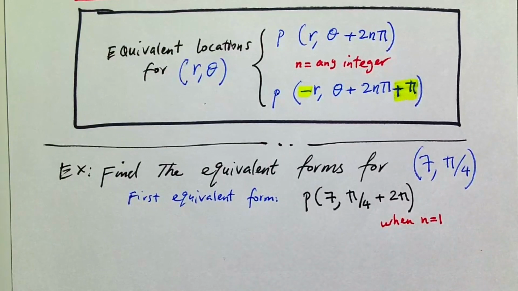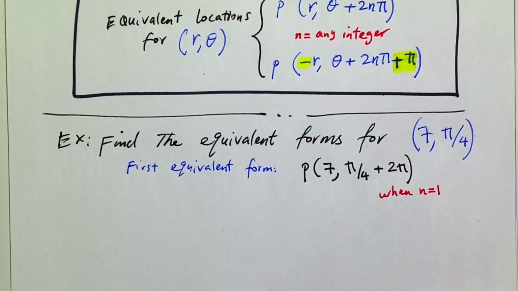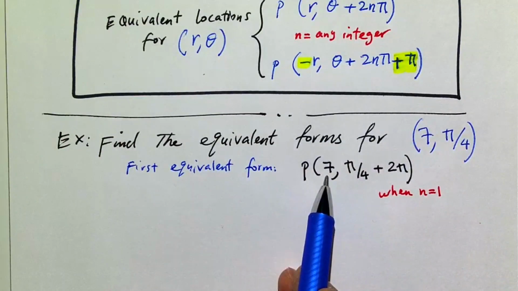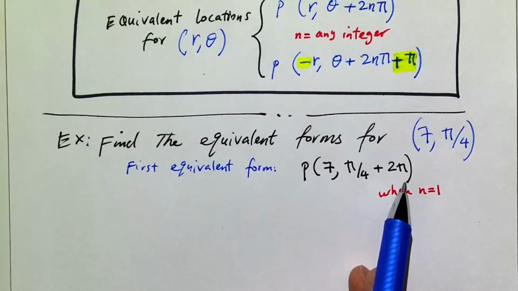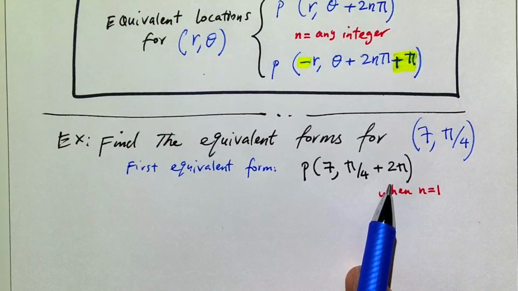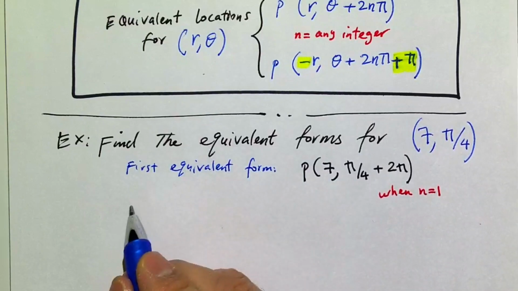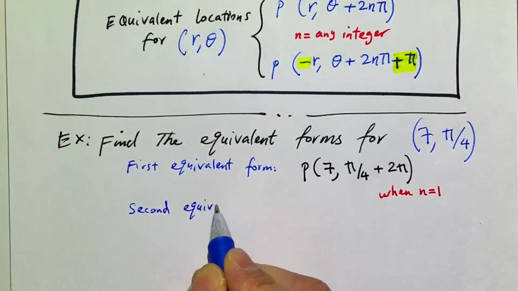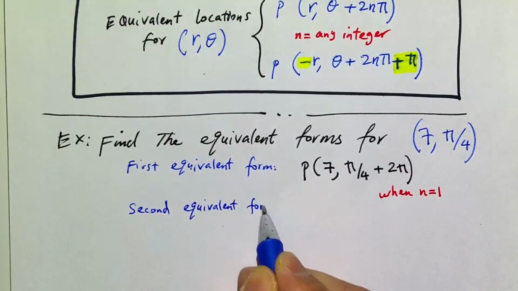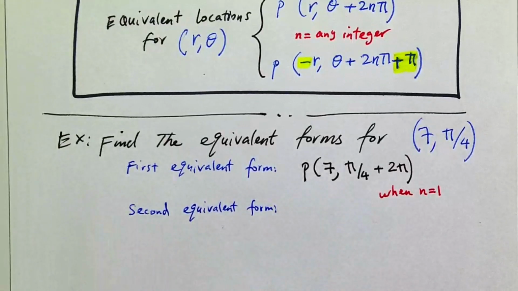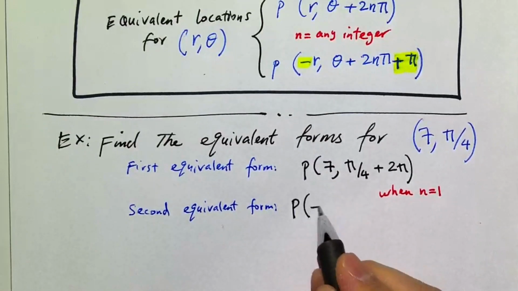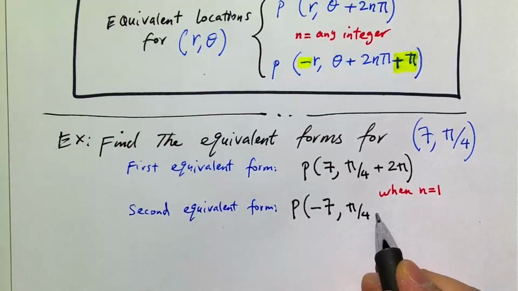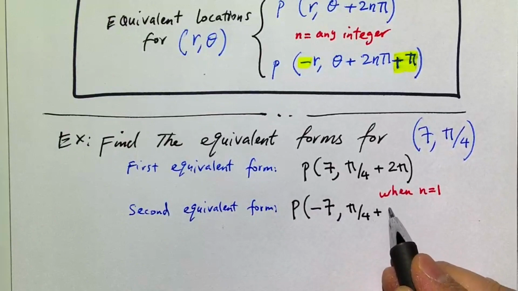And then the second equivalent form, we would make use of this. We will make this r negative and then add another pi to this, making this 3 pi. So the second equivalent form would be minus 7 comma pi over 4 plus 2 pi.